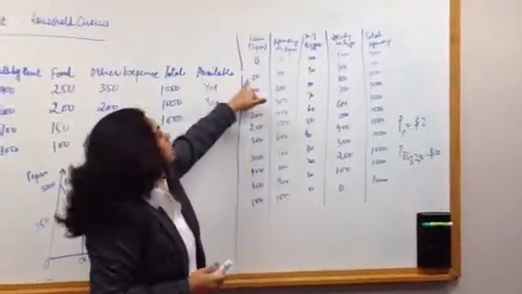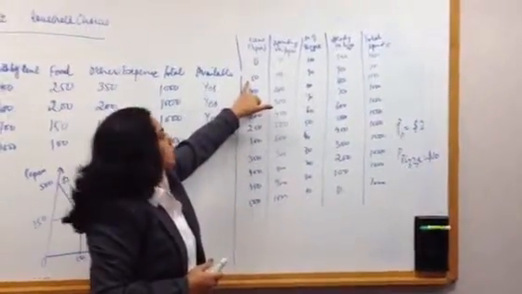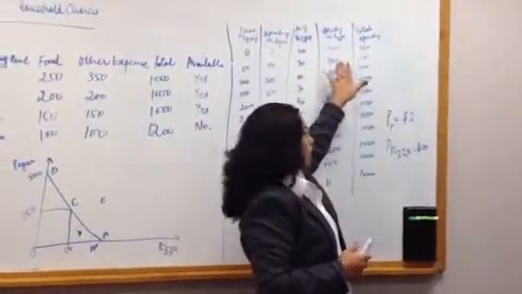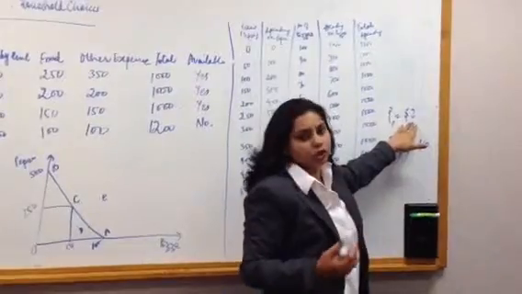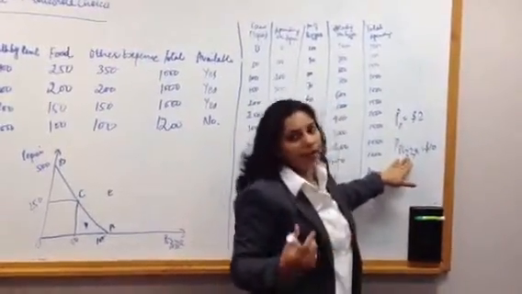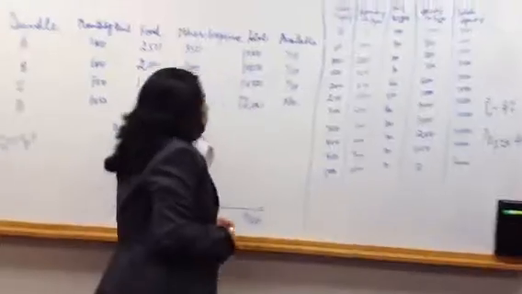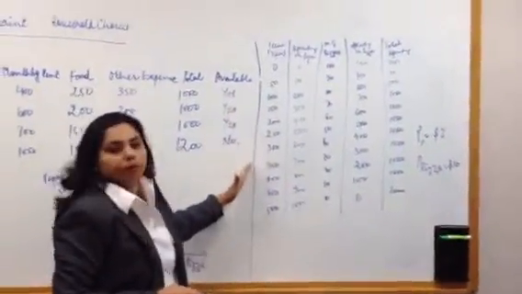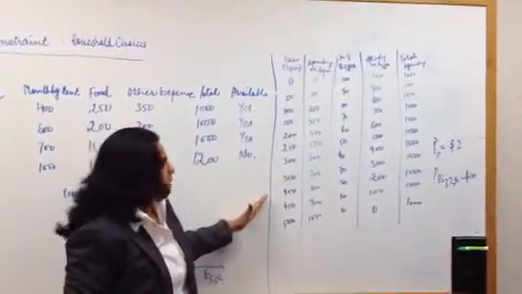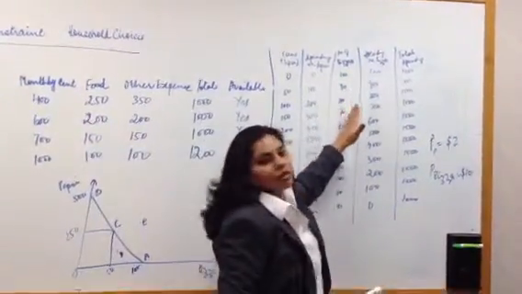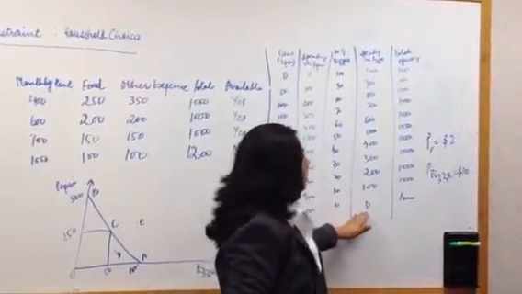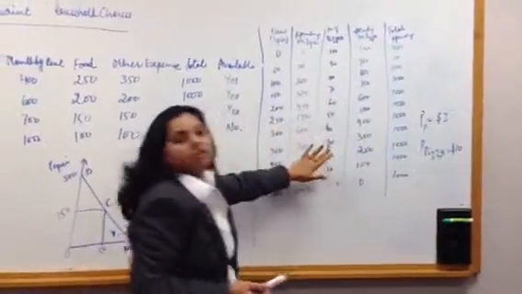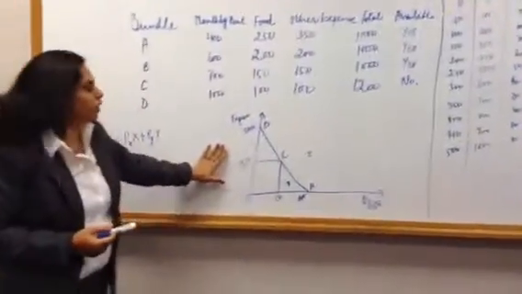Subsequently, if she wants to buy 50 cans, she needs to spend $100 on Pepsi and $900 on pizza, again because the price of Pepsi is $2 per can and the price of pizza is $10 per pizza. As we move along, with the increase in the number of cans of Pepsi, there is a reduction in the amount she is spending on pizza because ultimately her total spending has to remain at 1000.